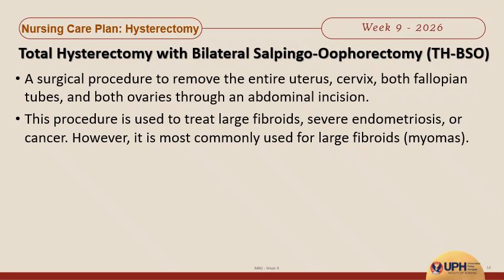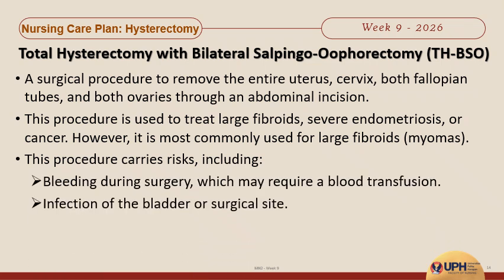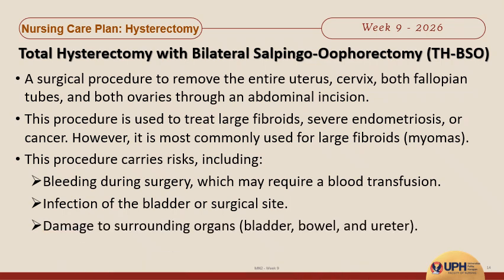It is mostly used for large fibroids or myoma. It carries risks such as bleeding during surgery, possibly needing blood transfusions, as well as infections of the bladder or the surgical site. There can also be damage to the surrounding organs, and if there is damage, we may need to do further surgery.